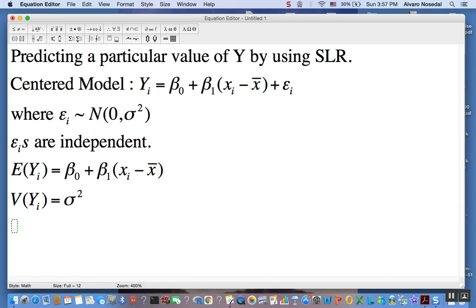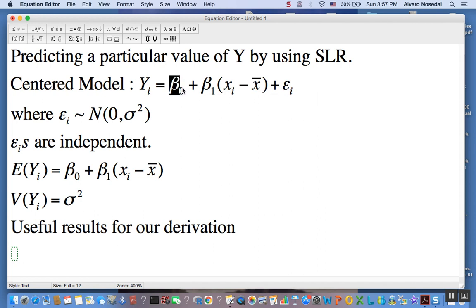Something that we are also going to need to talk about this prediction are useful results that you have seen before. First we need the estimator of beta 0, the y-intercept in our model.